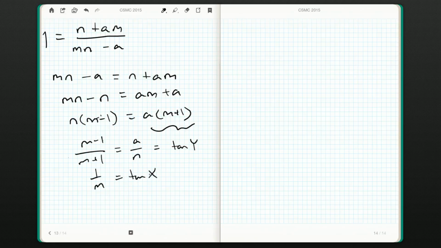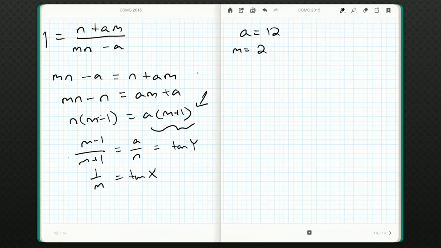I think we should take this equation here and just try and get an a with some m and n's that do work for this. Okay, let's pick an a that's got a lot of factors. How about we let a be 12, and let's let m be 2, so that m minus 1 is 1, and then m plus 1 is 36.